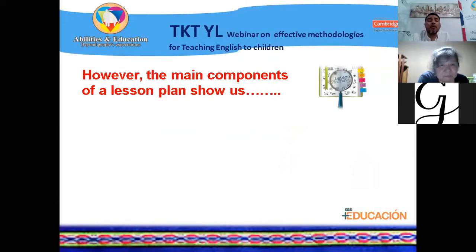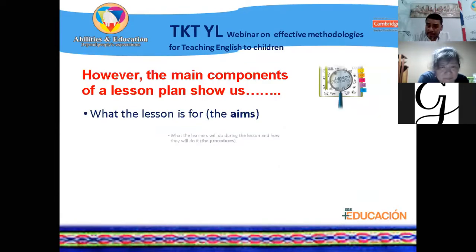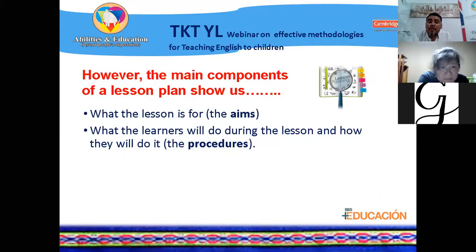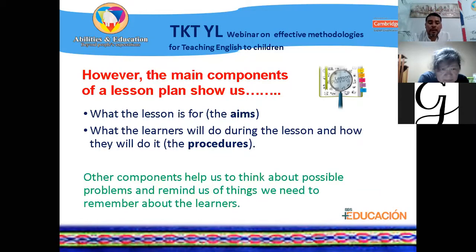However, the main components of a lesson plan show us what the lesson is for, right? The aims, and what the learners will do during the lesson and how they will do it, the procedures. I would say that these two things are the most important components of a lesson plan.